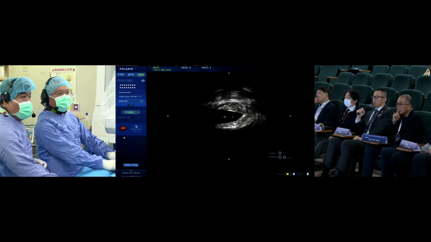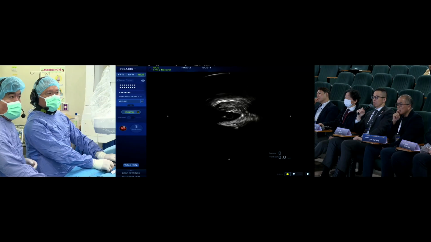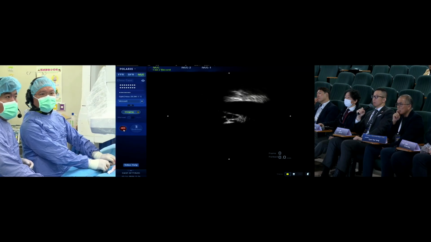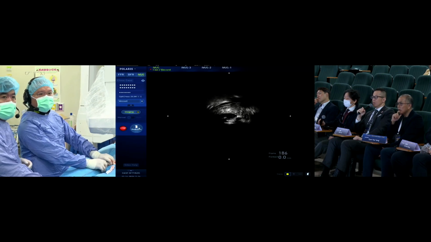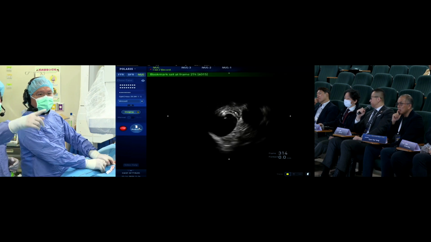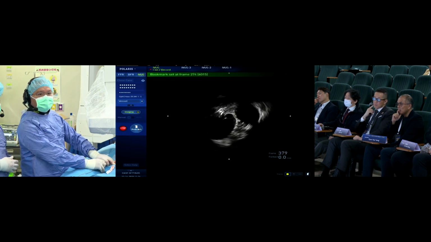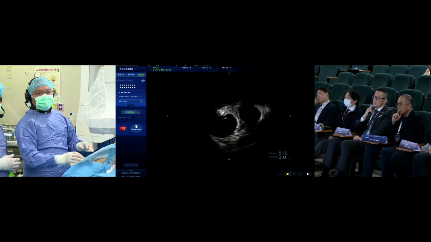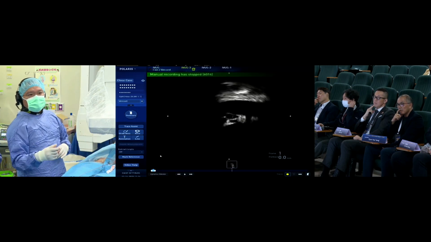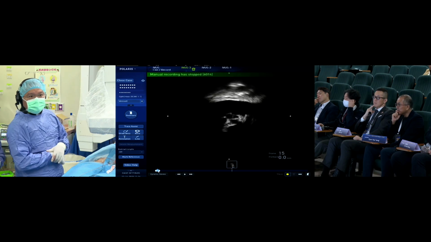Okay, now we pull back. Okay, here is a stenosis. Wow. This is the value of IVUS. Here is the iliac vein. Okay, so can we play the IVUS?